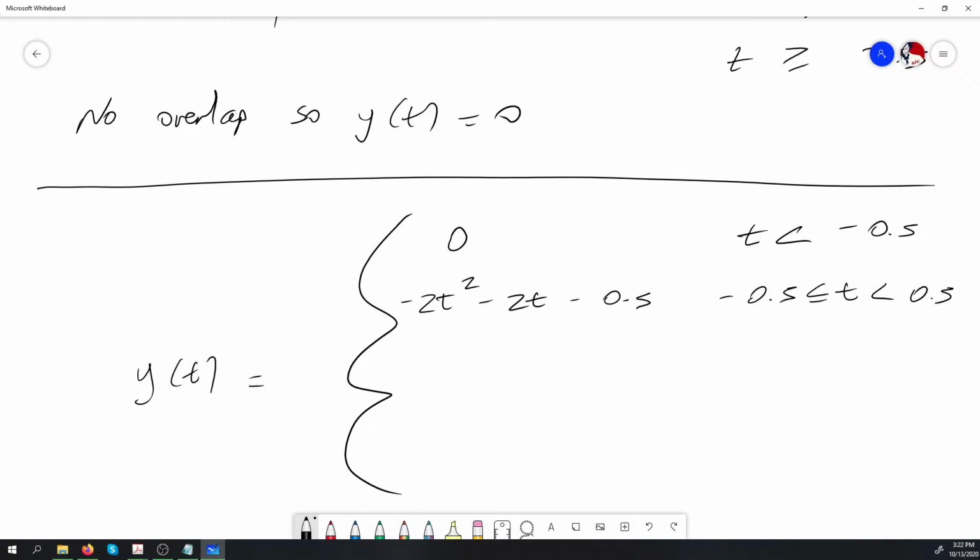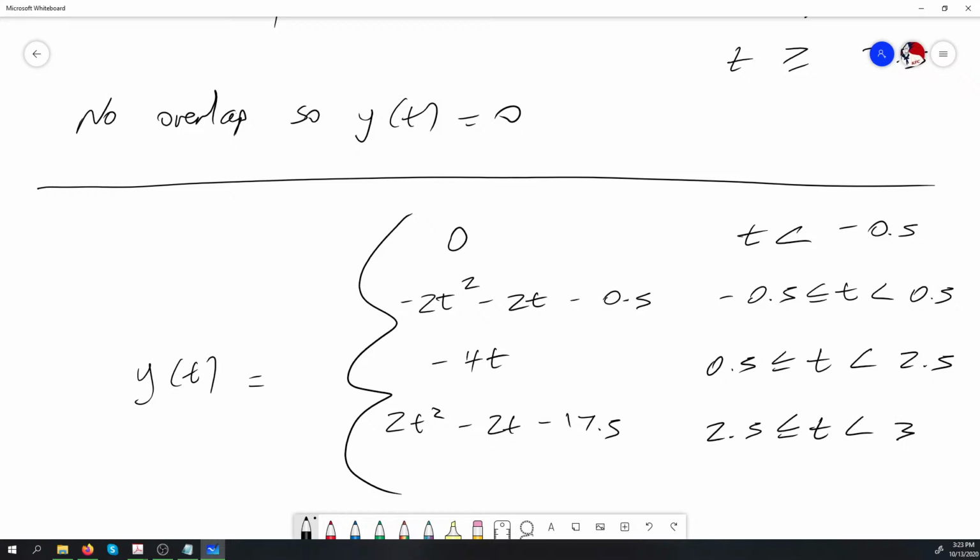Then we have minus 4t for a time range of 0.5 less than or equal to t less than 2.5. Then we have 2t squared minus 2t minus 17.5 for a time range of 2.5 less than or equal to t less than 3.5. And then we have 0 for t more than or equal to 3.5.